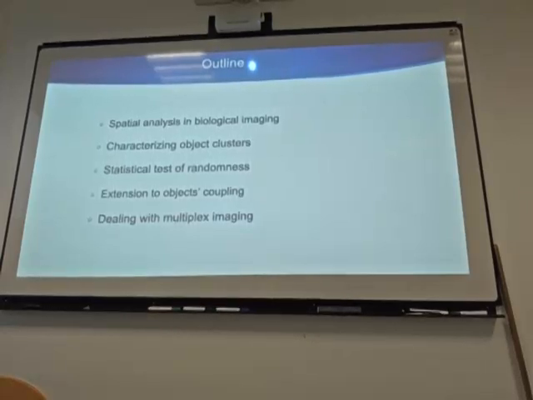Then I will enter into the statistics and describe statistical tests that we build to test whether or not the biological objects are randomly distributed or not. And I will describe the extension to coupling, when you have multiple types of objects and you want to analyze the spatial relations between different objects. And I'll spend a few minutes at the end on multiplex imaging and the challenges we can have with this type of new imaging data.